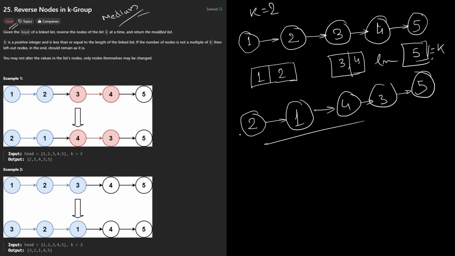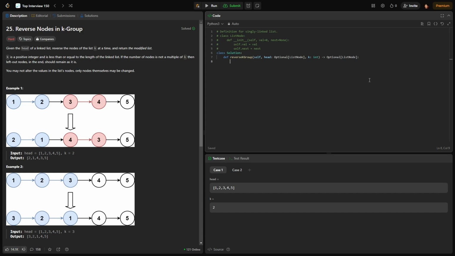it would be easier for you to understand and make sense out of it. Let us jump to the Python solution. The first thing that we are going to do is initialize our dummy variable with a ListNode. And then we are going to create a variable called cur, which is going to have a reference to dummy.